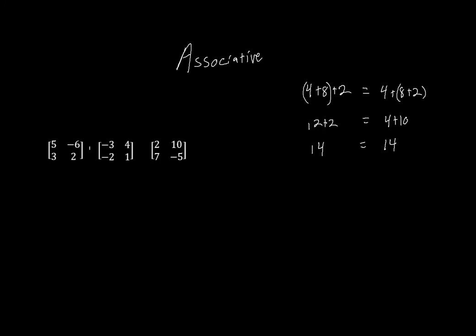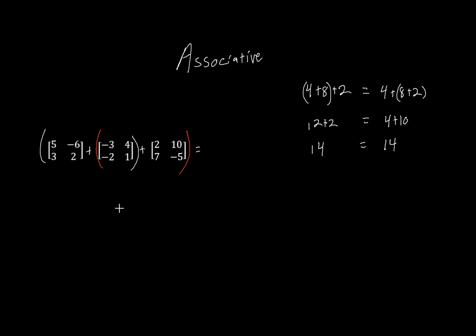I would encourage you to take a moment and try adding them like this and get an answer, and then add them where the parentheses are around these two instead. What you'll discover is that they are exactly the same answer. The associative property of addition does hold true for matrices. We can do the exact same thing with multiplication, and again, it turns out it is true.